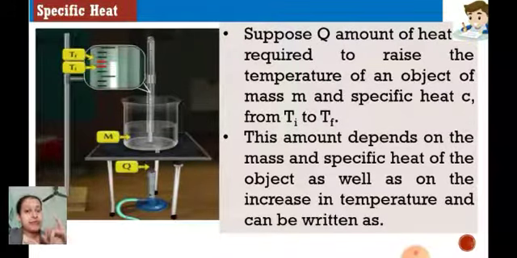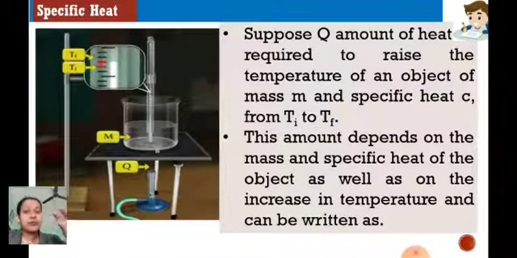Therefore we say that the amount of heat given depends on, one, the mass of the given substance, and second, that substance's specific heat. Just now we have learned what is meant by specific heat. And third, the increase in temperature, how much you want to raise it, whether from 30 degrees to 70 degrees, or 50 degrees, or anything else.